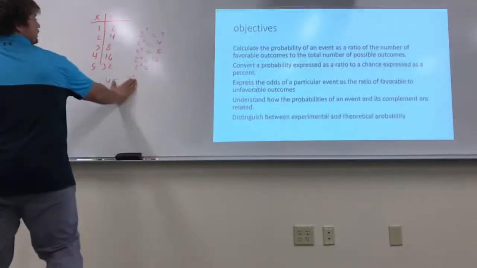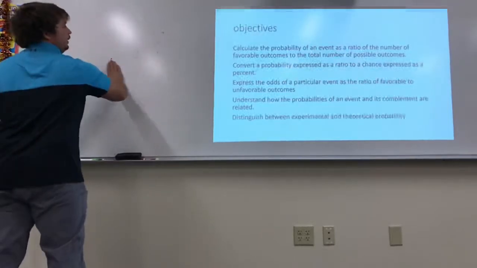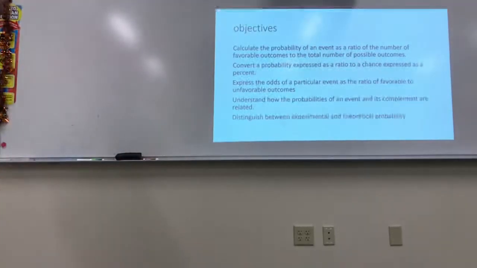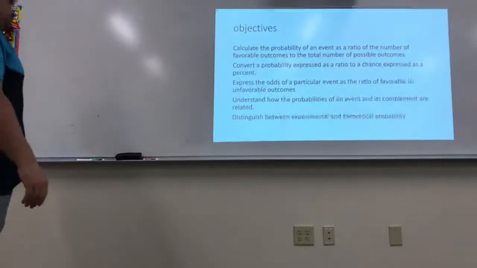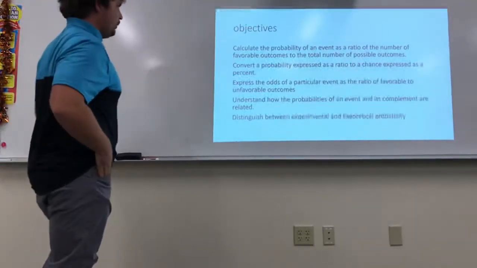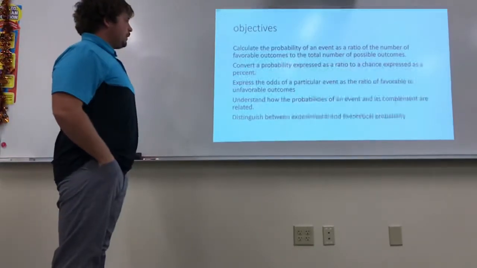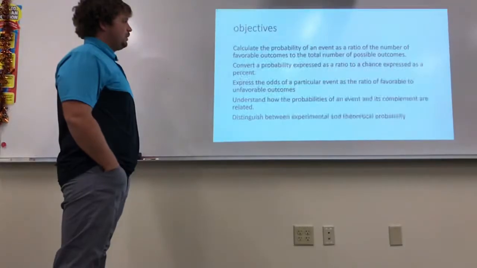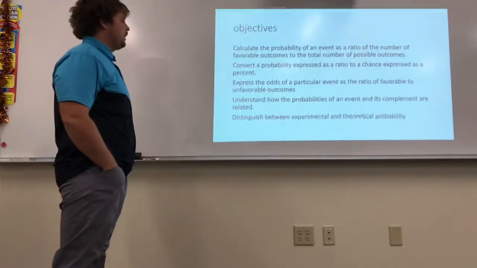Alright, your objectives are to calculate the probability of an event as a ratio of the number of favorable outcomes to the total number of possible outcomes. Then, convert a probability expressed as a ratio to a chance expressed as a percent.